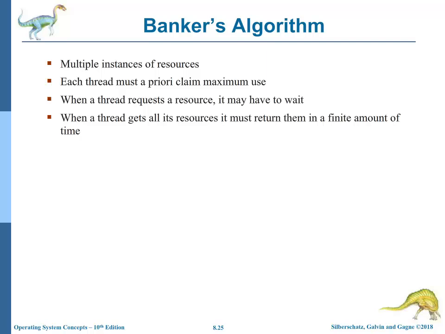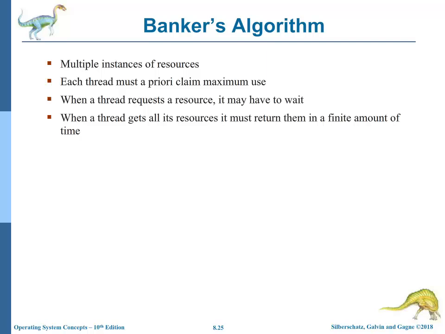When a new thread enters the system, it must declare the maximum number of instances of each resource type that it may need. This number may not exceed the total number of resources in the system. When a user requests a set of resources, the system must determine whether the allocation of these resources will leave the system in a safe state.